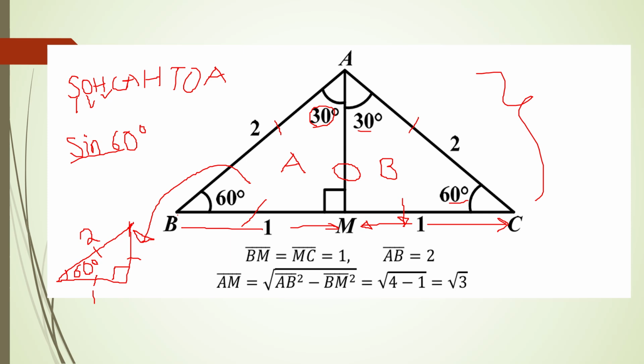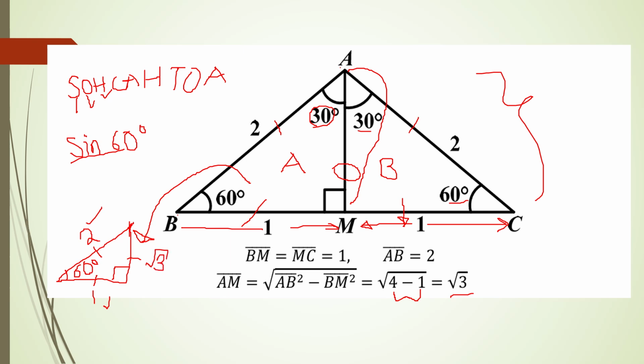How can we do that? From ordinary level, we get the missing side using Pythagoras theorem. To get the length of AM, we get the square root of 2 squared minus 1 squared, which is 4 minus 1, to end up with root of 3. So our opposite side is going to be root of 3.